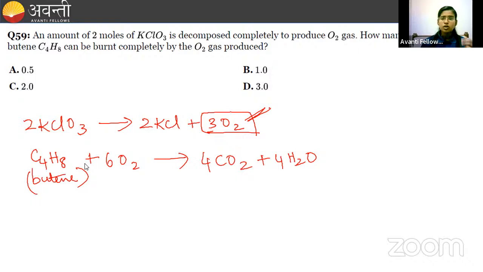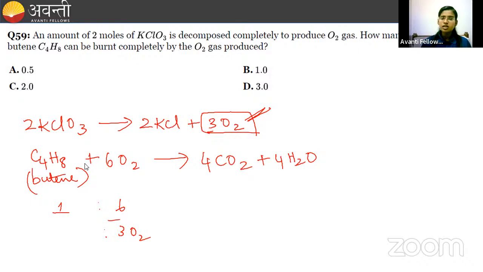So the 3 moles of oxygen might have reacted with half a mole of this butene. 1 mole of butene is taking 6 moles of oxygen, and we have only 3 moles of oxygen in our hand now, which means half of this.